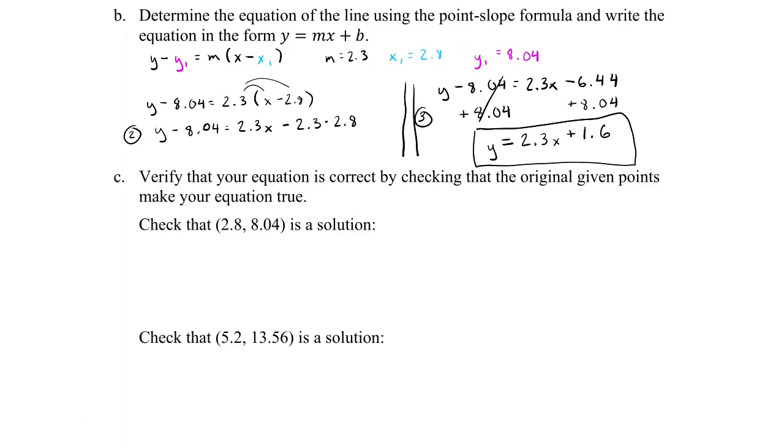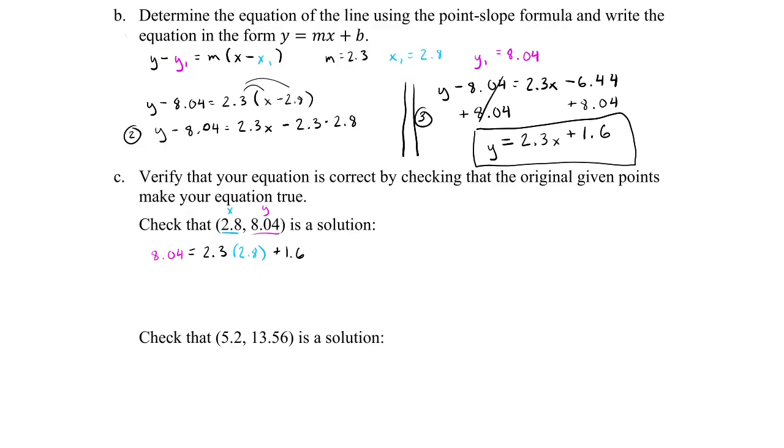So in this next step, we're given x is 2.8 and y is 8.04. And we want to confirm that 8.04 is equal to 2.3 times 2.8 plus 1.6.